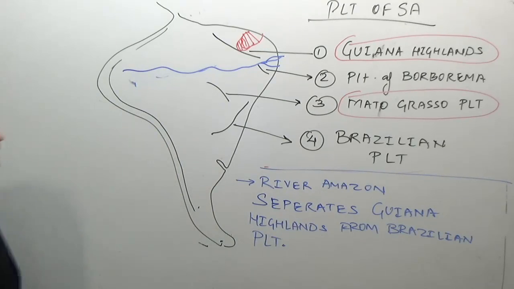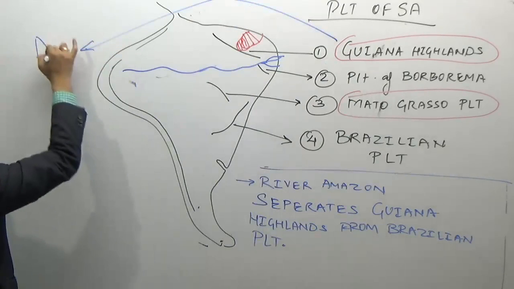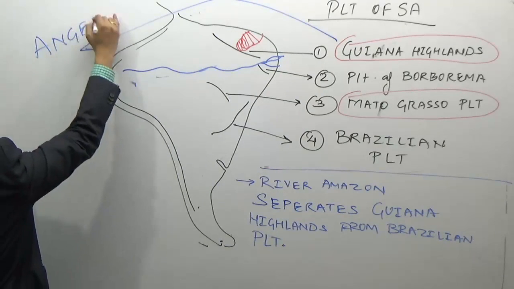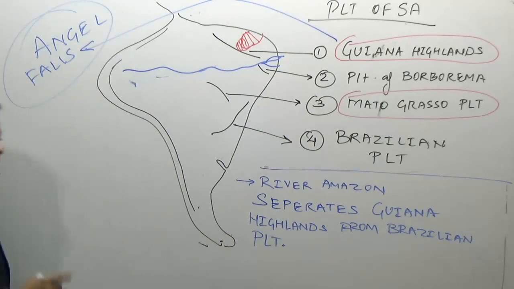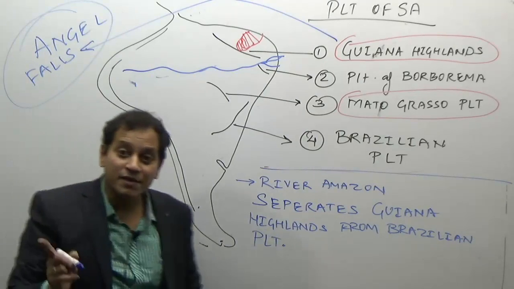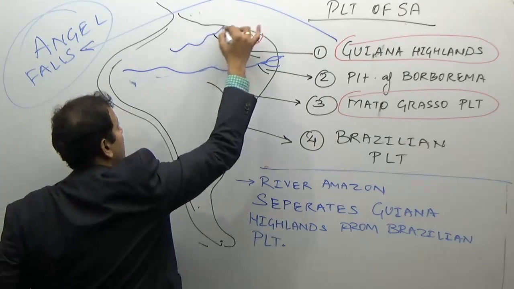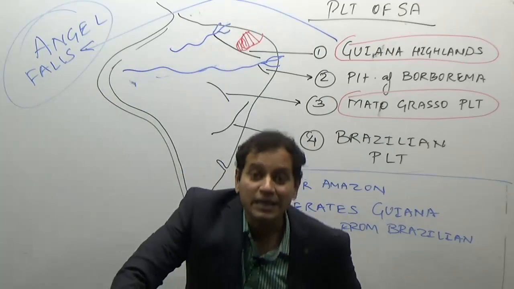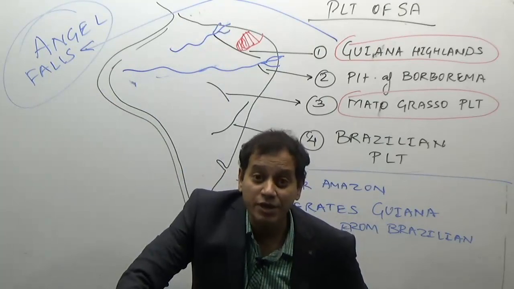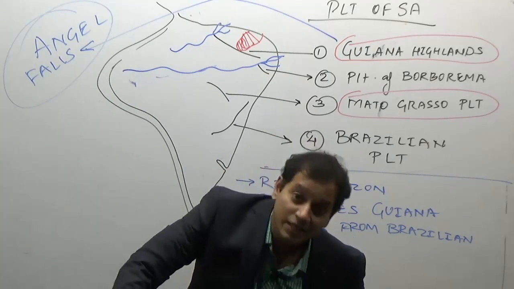The Guiana Highlands are famous for Angel Falls, which are the highest waterfalls in the world, on the Orinoco river system, made by one of the tributaries of the river Orinoco. Angel Falls, the highest waterfalls in the world, are located in the Guiana Highlands.